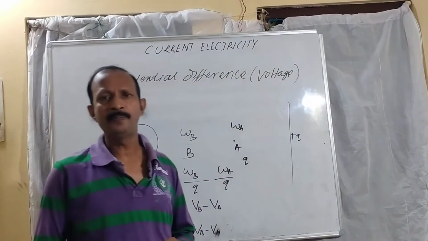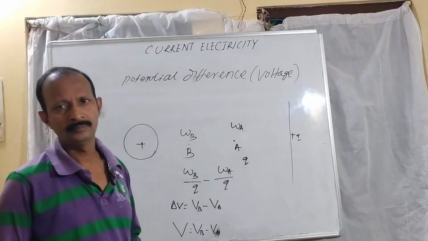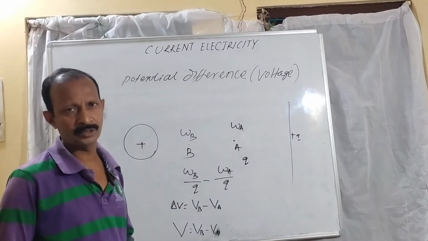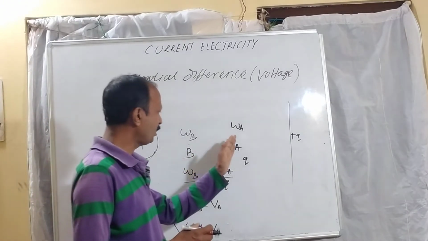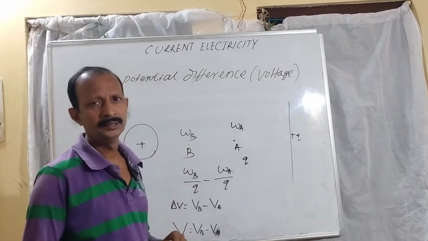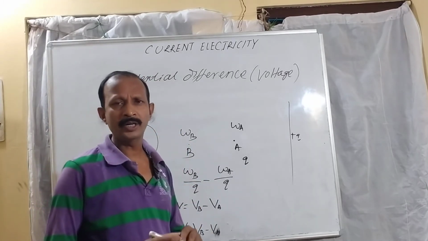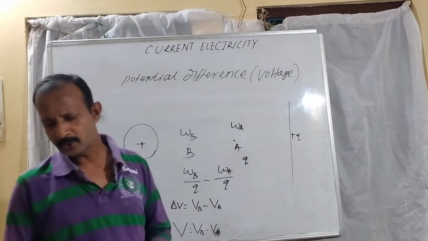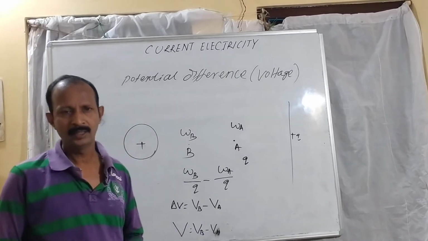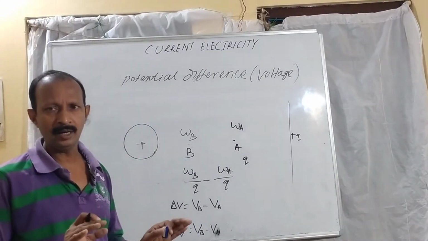So now I can say that the work done for bringing a single unit of positive charge, or positive test charge, from one point to another point is called the potential difference between the two points. So children, clear?